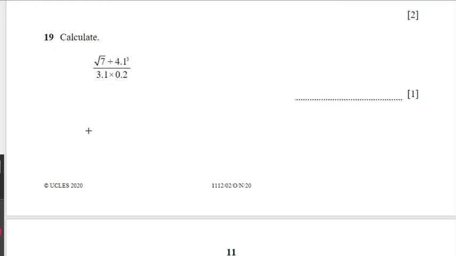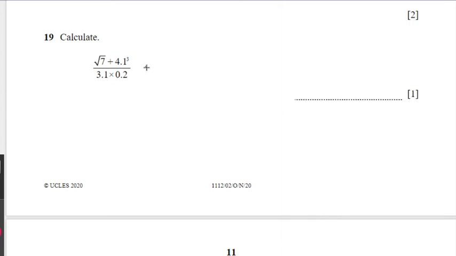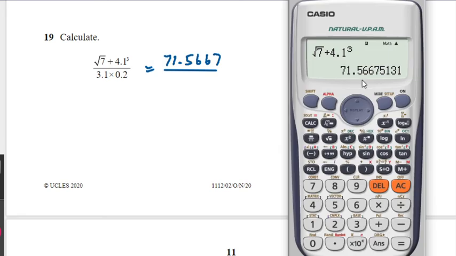Calculate this value here. We have a calculator, so we press the calculator. But make sure, if you have this type of calculator, then it's easy for you. Or else you do it one by one. Square root 17 plus 4.1 cube. Okay, this is equal to 71.5667. I will write here 71.5667 over, or actually you can just type it in your calculator.